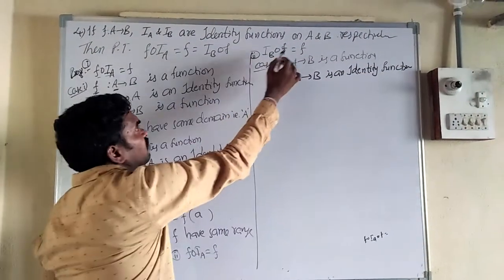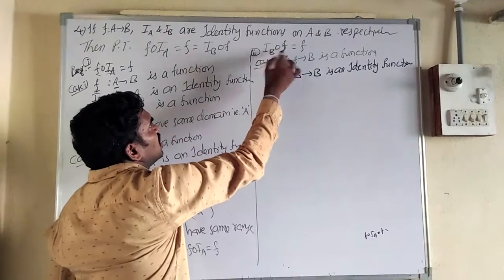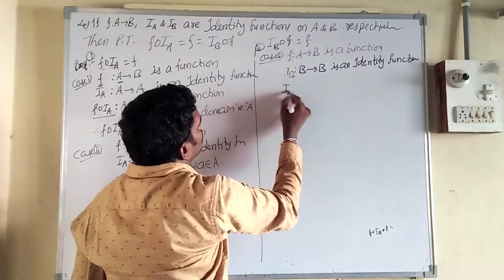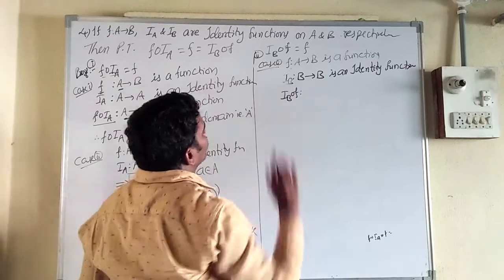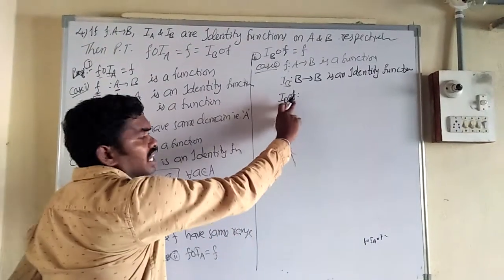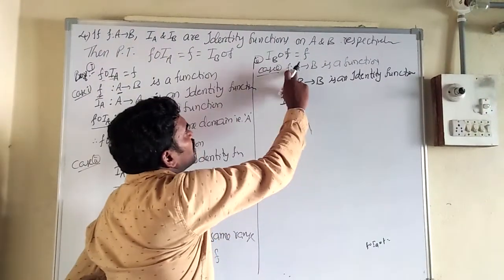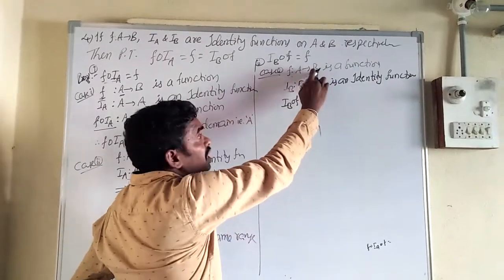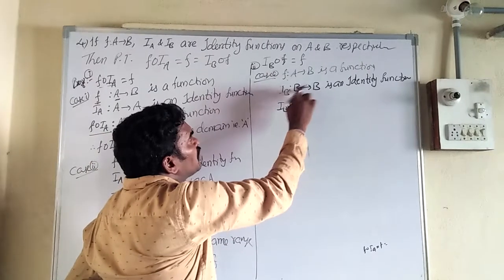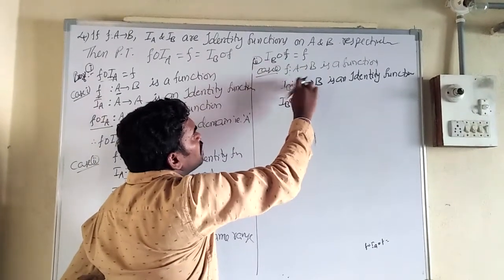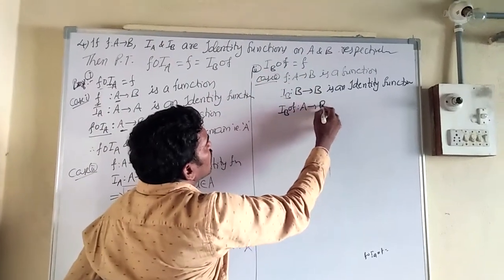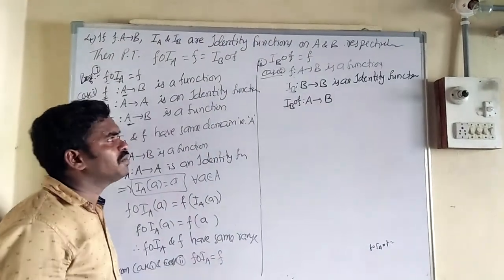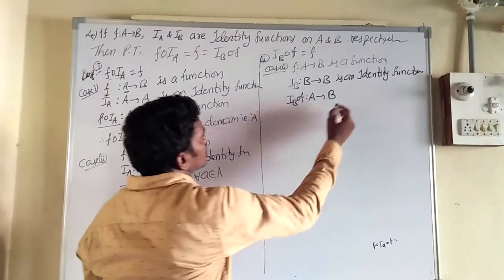What is next? F I wrote, IB I wrote. Next, complete IB circle F. IB circle F maps from what? First one is F, which goes A to B, then IB goes B to B. So from A it goes to B, and then from B it goes again to B. So completely, it reaches from A to B. So IB circle F maps from A to B is a function.